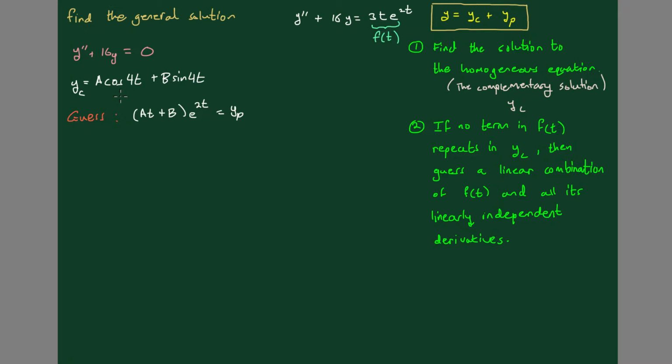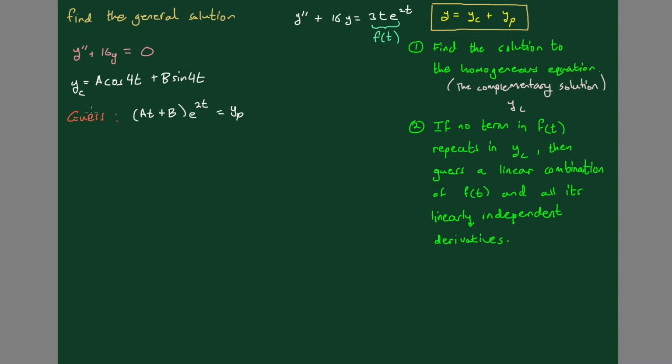Now, we notice here that no term in the complementary solution repeats in f of t, just like part 2 says. We have to make sure that no term in f of t repeats in the complementary solution. Since that's the case here, that means we can now guess a linear combination of f of t and all of its linearly independent derivatives.